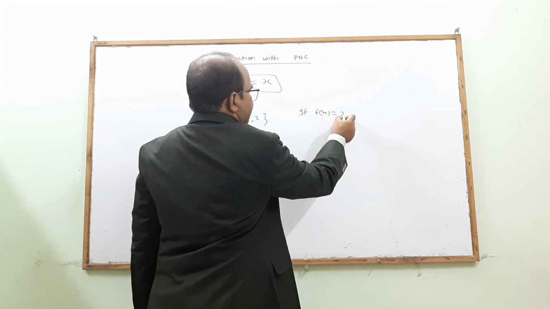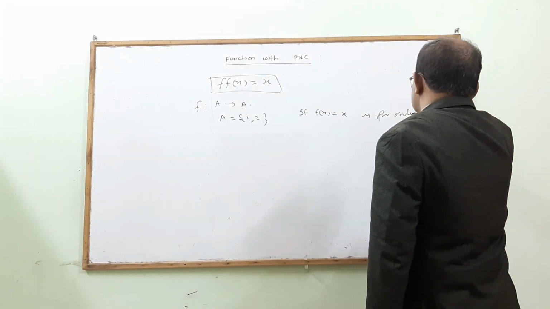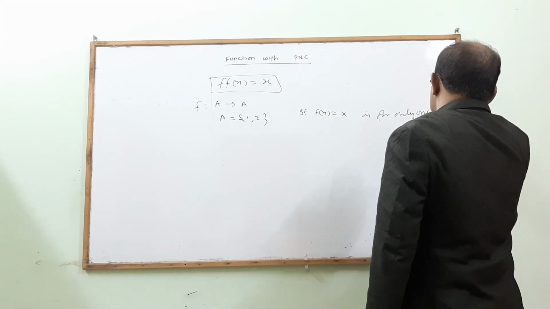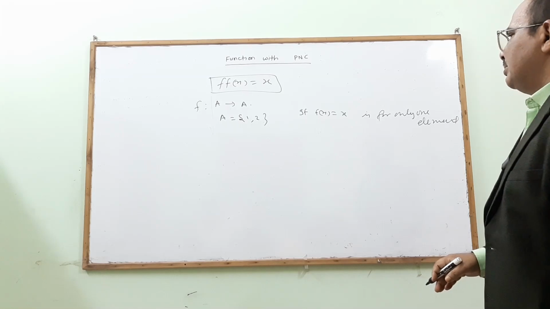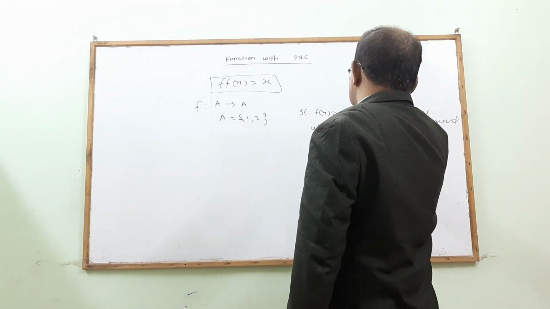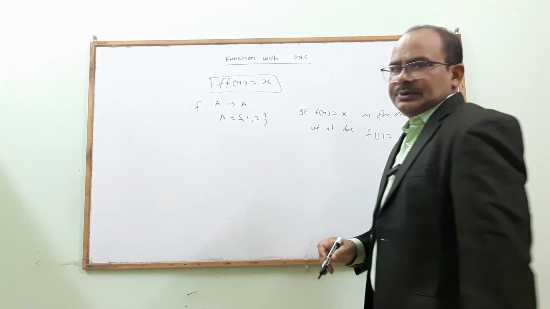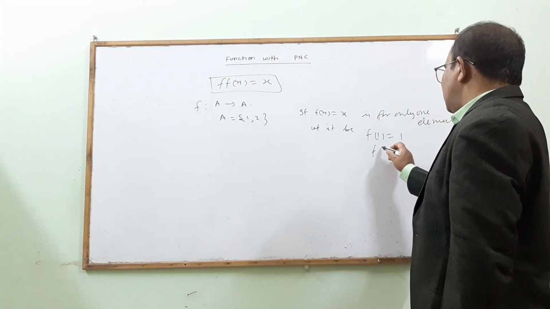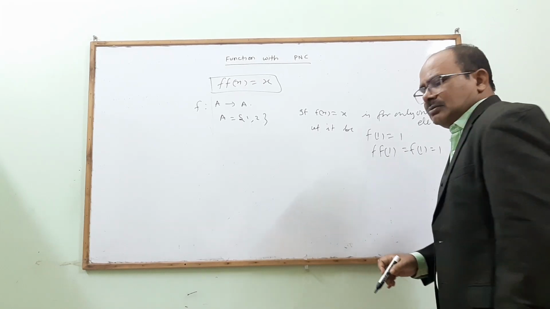If f(x) is equal to x is for only one element, let it be f(1) is equal to 1. Then f of f(1) will be f(1) is equal to 1.